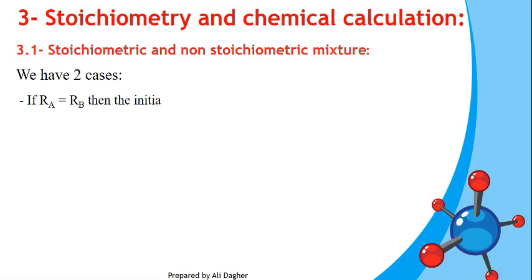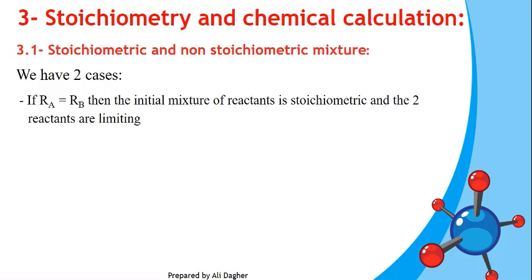If ratio of A equal ratio of B after calculation, then the initial mixture of reactants is stoichiometric and the two reactants are limiting. That means at the end of the reaction, in this case, number of mole of reactant A and number of mole of reactant B equal 0 because they disappear completely since they are limiting reactants.